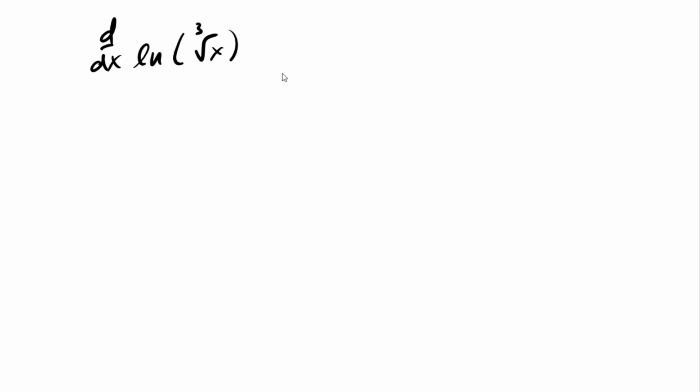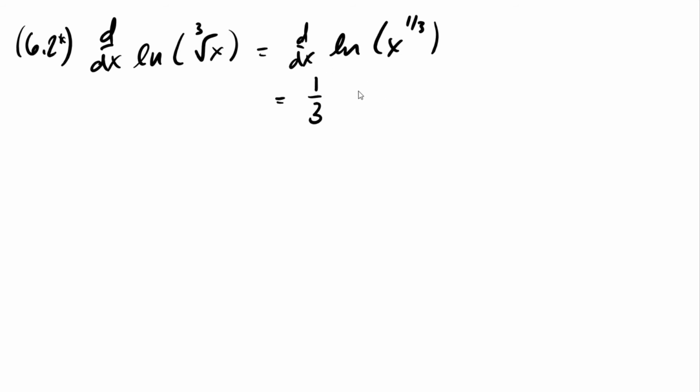Once we have the derivative rule, or the rules for logarithms, so this is relative to section 6.2, then you could write this as d by dx of the natural log of x to the 1/3. And you want to do that because once you have a 1/3 in the exponent, you can use the rules of logarithms to pull the 1/3 out. And so that means this all just turns into 1 over 3 times 1 over x.